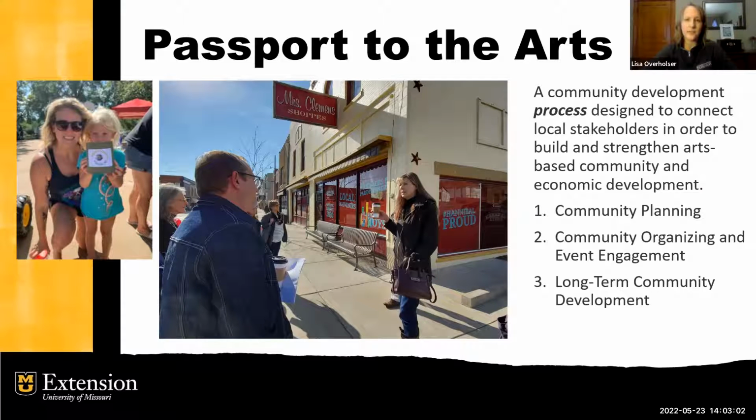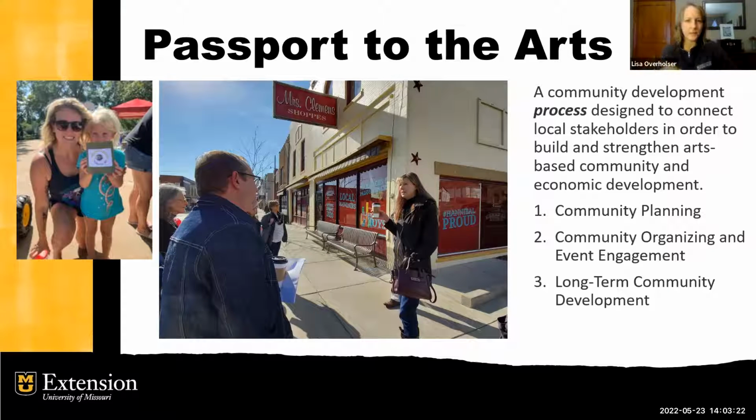It's a community development process that's designed to connect local stakeholders in order to build and strengthen arts-based community and economic development. Ideally it will take 1.5 to 2 years.